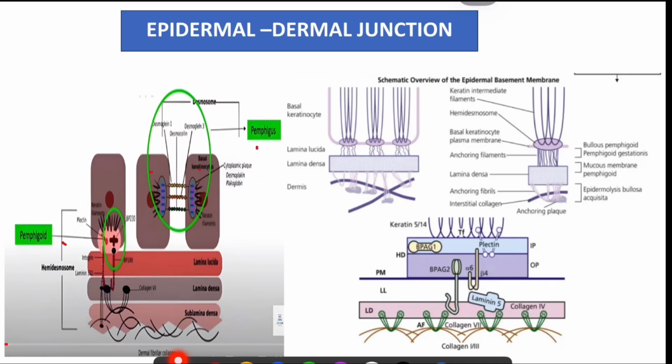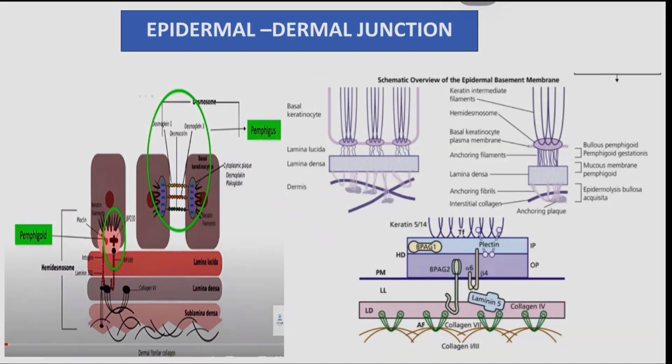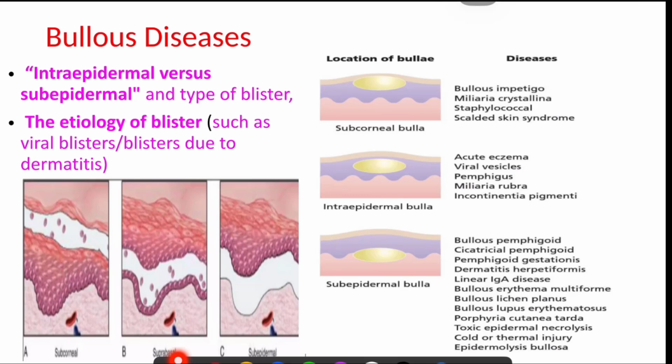So this is important: the desmosome is in between two keratinocytes, and the hemidesmosome is between basal keratinocytes and the basement membrane. Bullous diseases are either intraepidermal or subepidermal, and may be due to viral causes or dermatitis. The location of the bulla decides this. Subcorneal is mostly bullous impetigo, miliaria crystallina, and staphylococcal scalded skin disease.